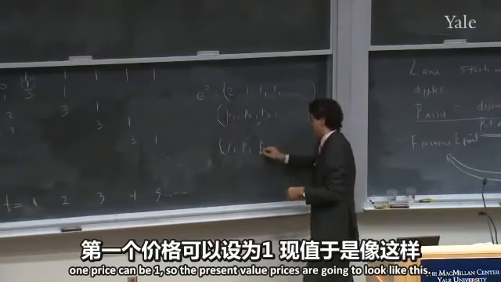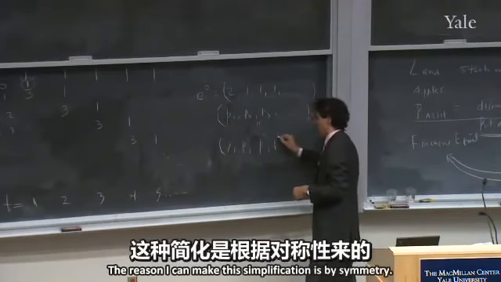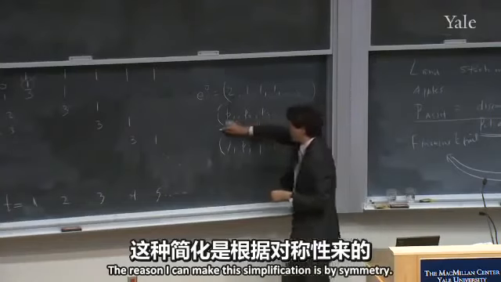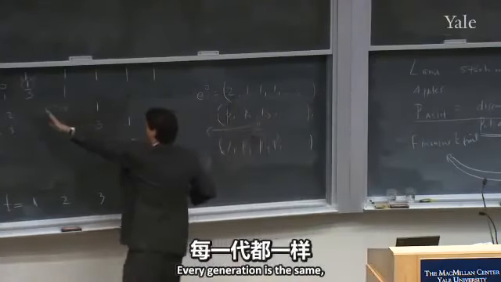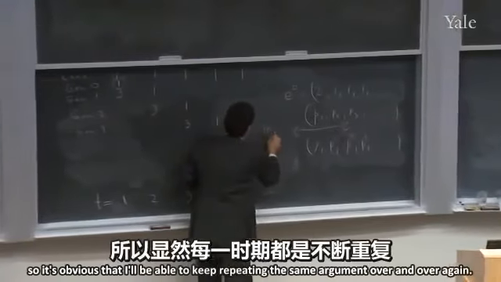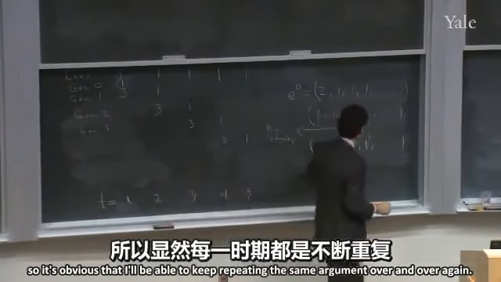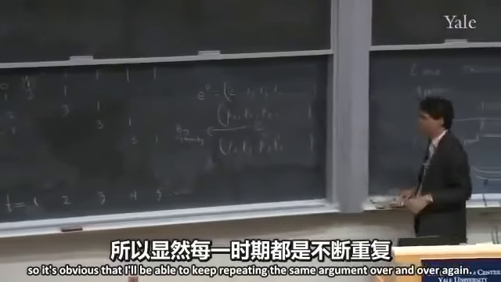So the present value prices are going to look like this. The reason I can make this simplification is by symmetry. Every generation is the same. So it's obvious that I'll be able to keep repeating the same argument over and over again.